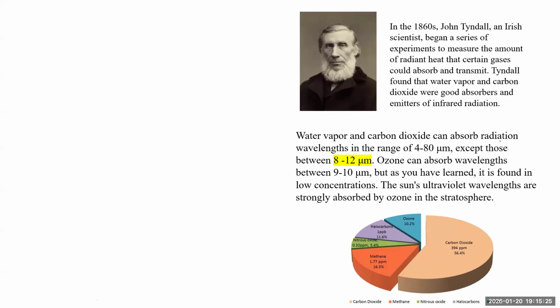They can absorb radiation with a wavelength in the range of 4 to 80 micrometers, except 8 to 13 micrometers. That is called the atmospheric window. Our atmosphere opens a window. If any thermal radiation has a spectrum lying between 8 and 13 micrometers, the heat can leave. And the ozone can absorb wavelengths between 9 and 10 micrometers.